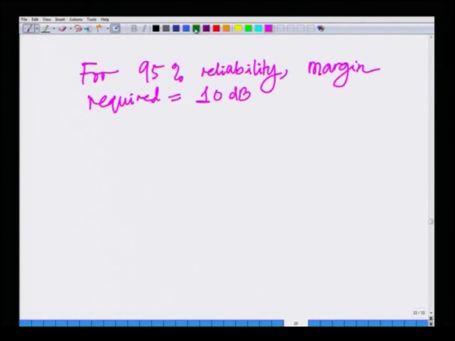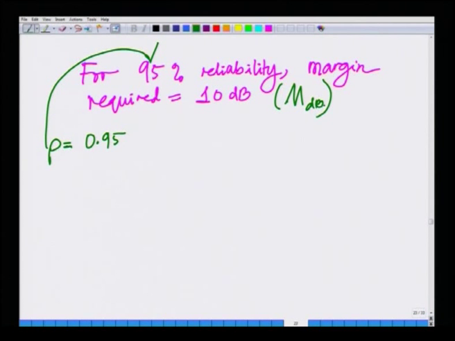That is, this corresponds to rho equals 0.95. This is computed at 95% reliability, that is rho equals 0.95. The required margin, which is mdB, is 10 dB.